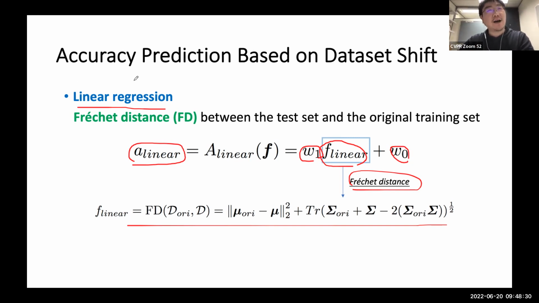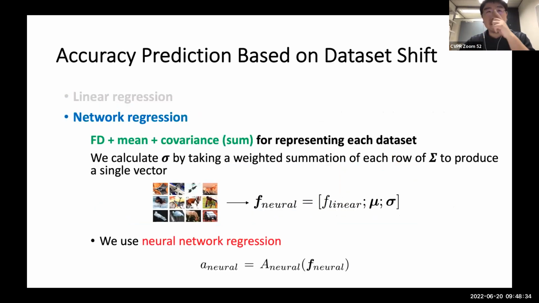If we want to make it slightly more complex, we could use a neural network regression, where we use a slightly more complex representation. This is our feature distance, and in addition to this scalar, we also concatenate the mean vector and some covariance features.